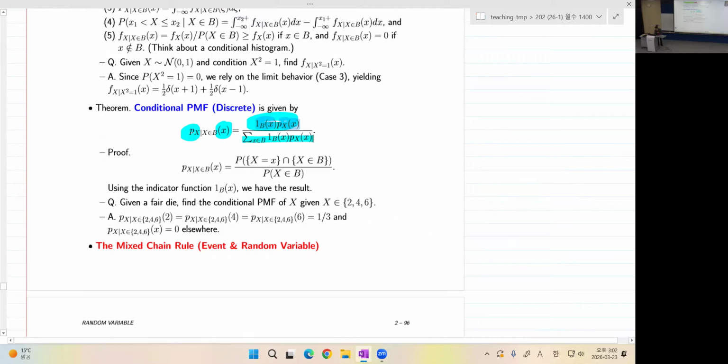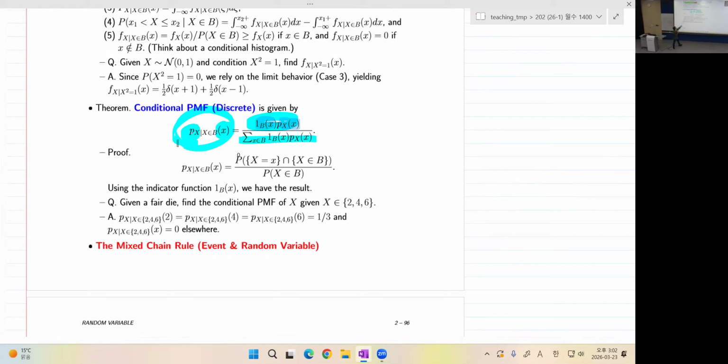What about these denominators? These denominators appear here for two reasons. One, if you derive the result, they appear. Second, you want this to be a legitimate probability mass function, which means that if you sum up over every x, the sum must be 1.